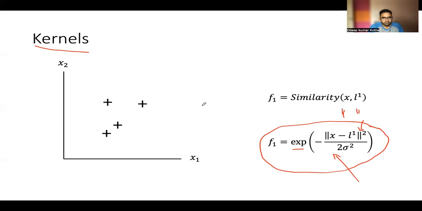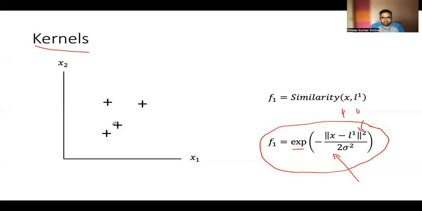And one more thing is, I have shown you how to get the distance from these landmarks to these features, and how to calculate the similarity functions. But how do you select these landmarks? A simple way to select the landmarks is by the number of input features you have.